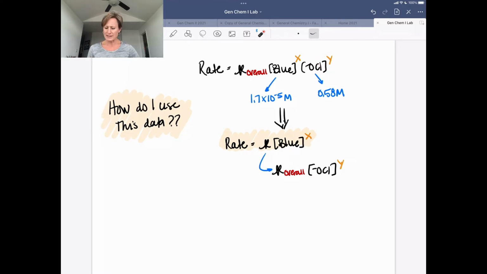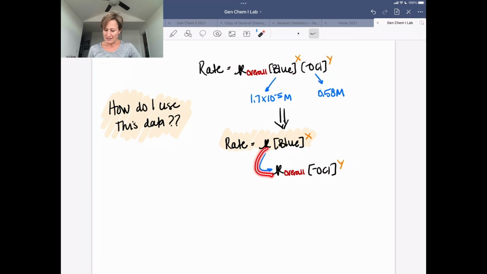Here's what we did. We knew we had a really high concentration of bleach compared to the concentration of dye, so that changing the concentration of bleach was going to be essentially minimal. So we could simplify this rate law to be rate equals rate constant times the concentration of the blue dye raised to its order. And what we really did is put the rate constant and the bleach term together into a new rate constant.